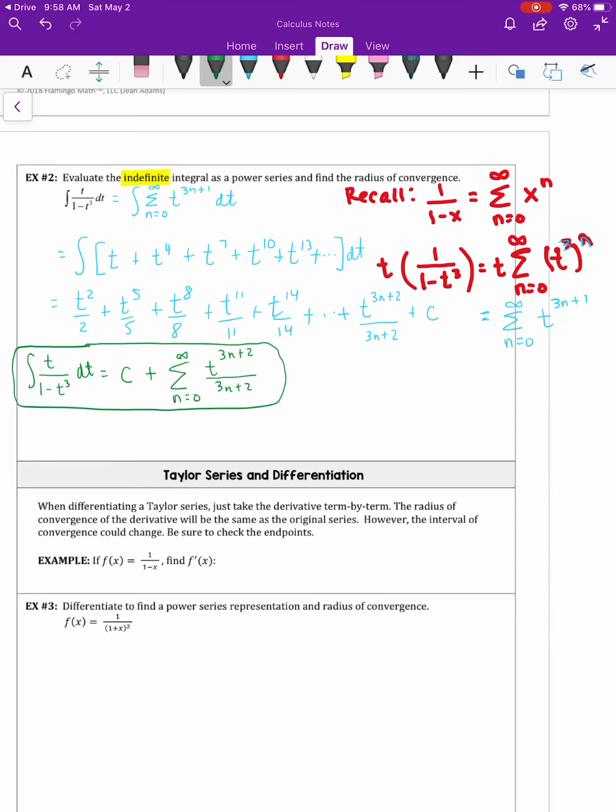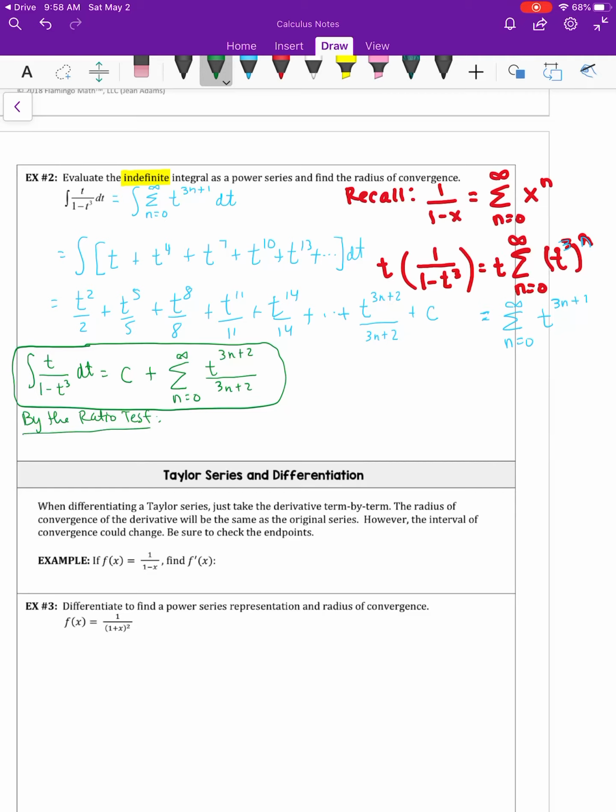That's what we have just decided that this is equivalent to. So now, that was the first thing that they asked you for, right? If it's an indefinite integral, you're going to have a plus c.